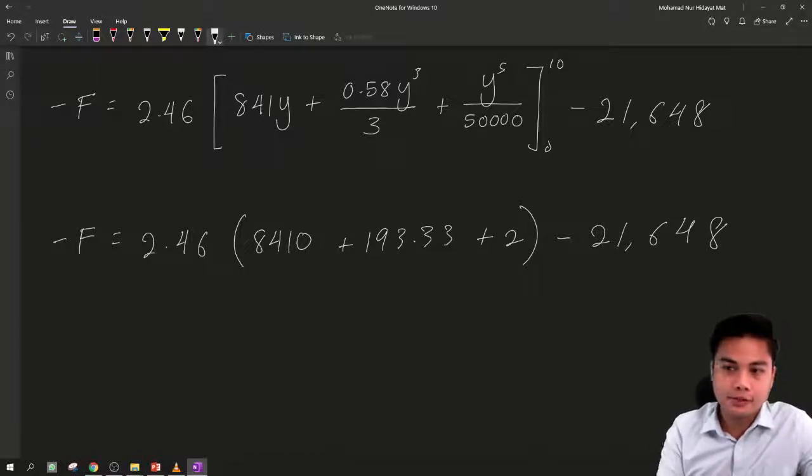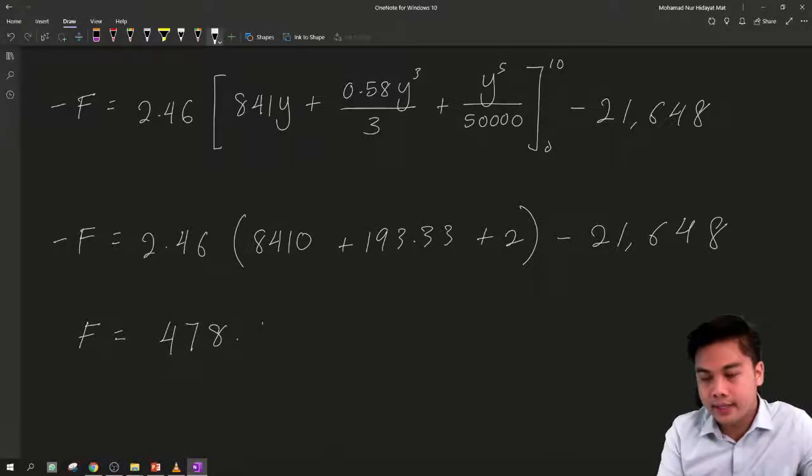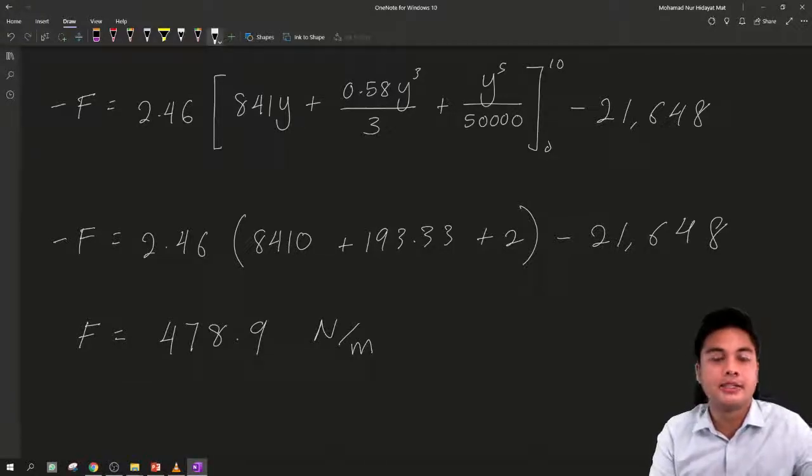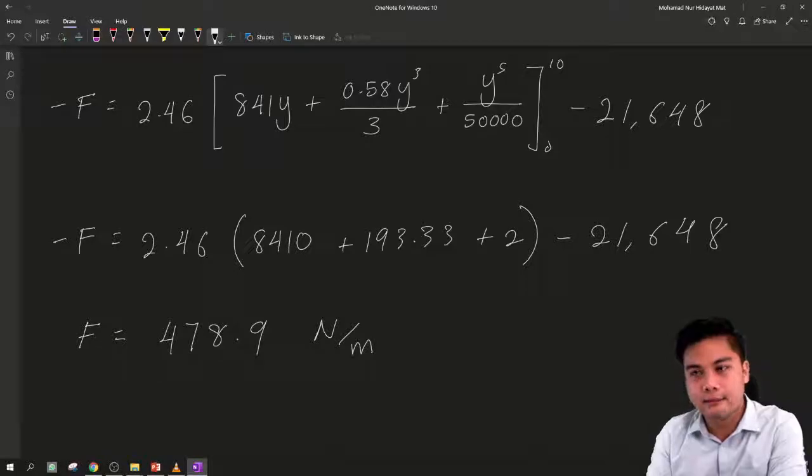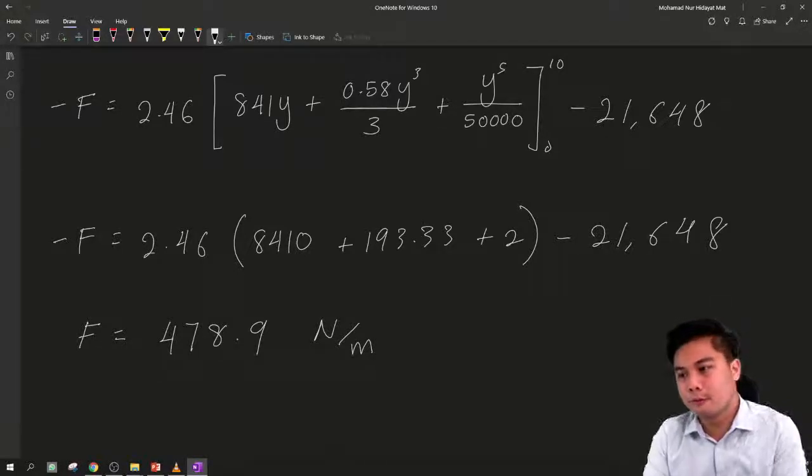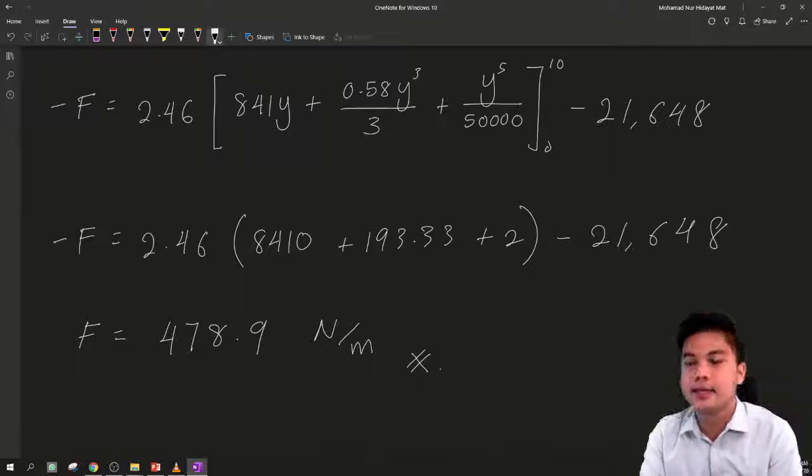You solve this using a calculator. Finally, you will get the drag force equal to 478.9 Newton per meter, because the question asks, what is the drag force per meter of length? So the final answer is this. Thank you.